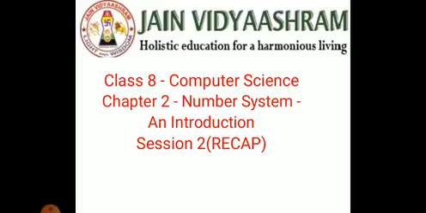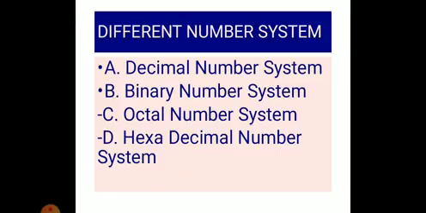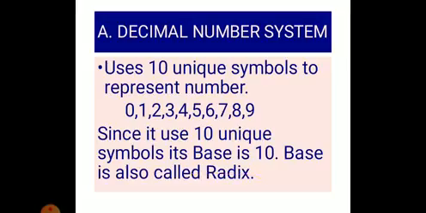This is a recap session. I would like to recall the points. Number systems are the technique to represent numbers in the computer system. The number systems are four, as you know earlier: decimal number system, binary number system, octal number system, hexadecimal number system. Decimal number system is the normal number system which you are using usually.